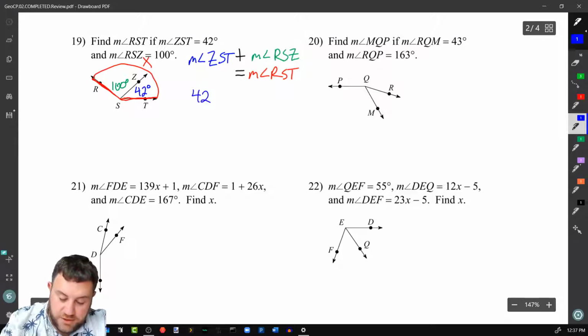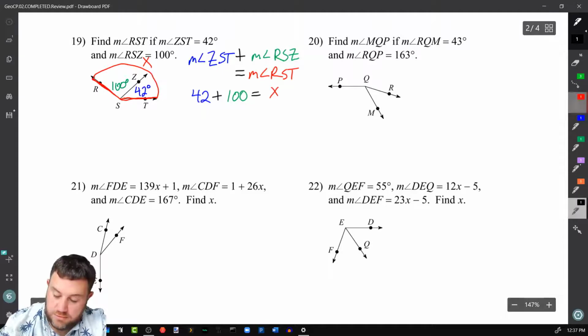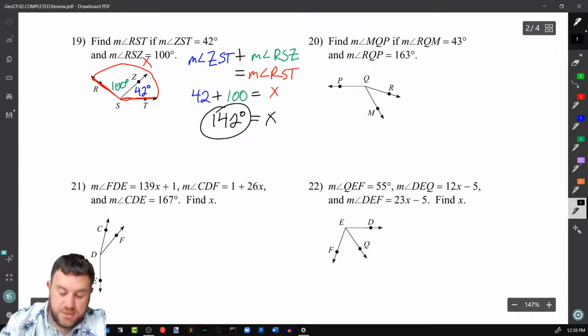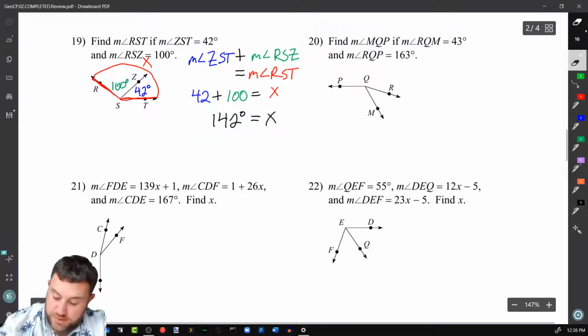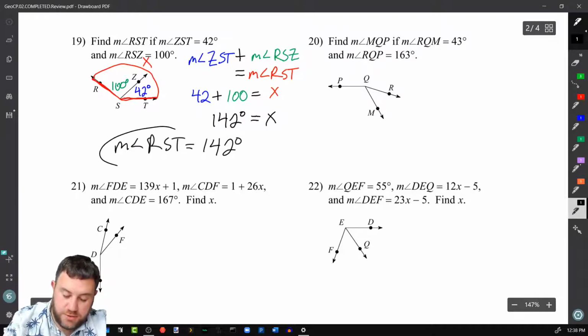So 42, we're just plugging in now, plus 100 equals, and this is what we don't know, so it's X. So 42 plus 100 gives us 142 degrees, so that's our angle. And I'm going to write this properly. The measure of angle RST equals 142 degrees.